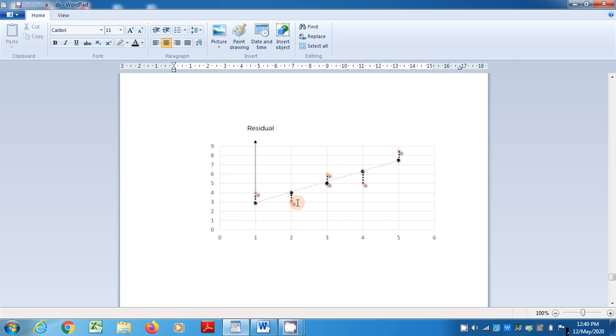These are the actual rent values from the data set, and the black colored dots are the values that were predicted by the machine. So we are drawing a straight line combining all these points.